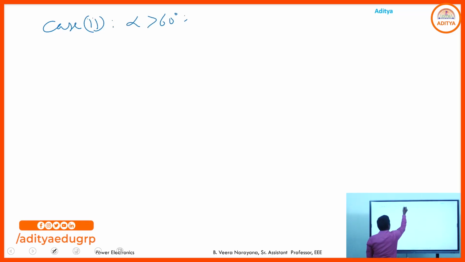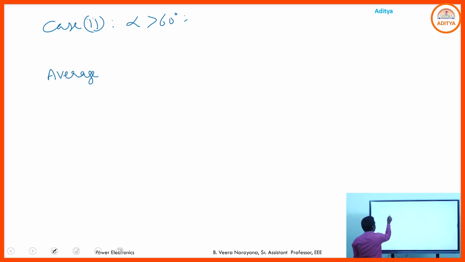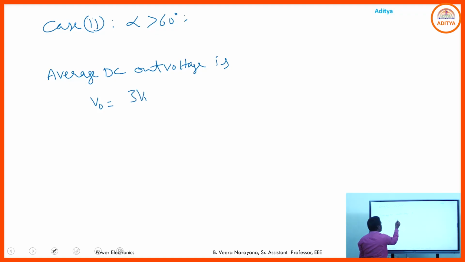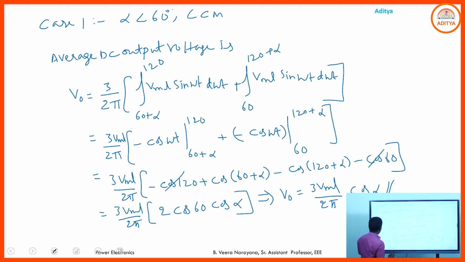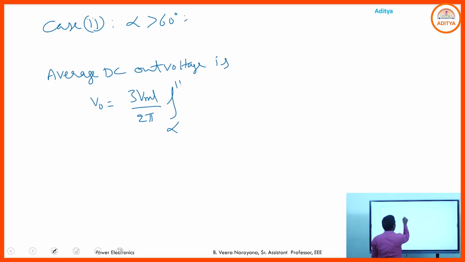Now case 2, alpha greater than 60 degrees. The average DC output voltage V naught is equal to, as we are able to generate 3 pulses, 3 VML by 2 pi times the integral with limits alpha to pi of VML sin omega t d omega t.